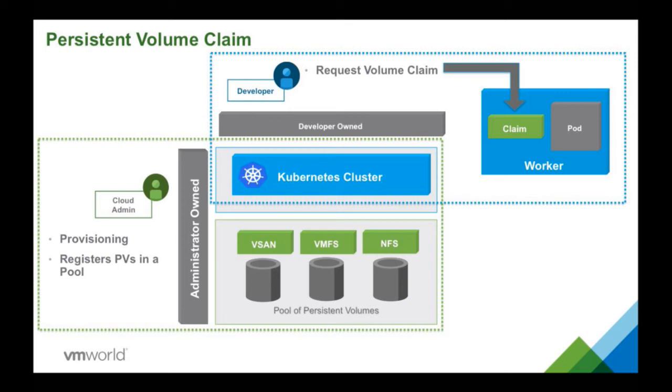It's going to spin up that claim inside of the worker and attach it to that pod. Then the developer can release the claim, and the administrator can reclaim that provisioned storage. So if the developer releases the claim, it's not going to actually give the storage back until the administrator goes in to reclaim it.